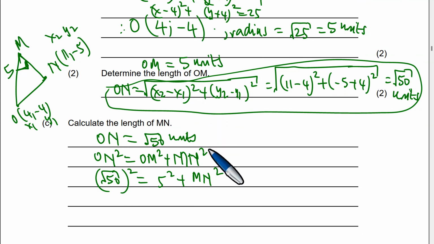Why is ON squared equal to OM squared plus MN squared? This is called Pythagoras.